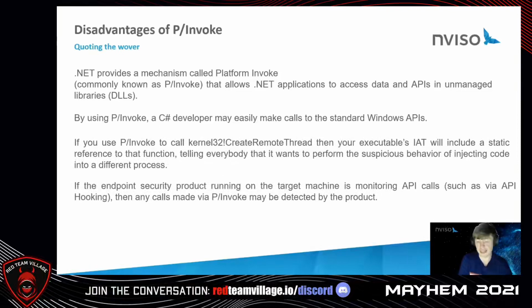calls from those DLLs. But by using P/Invoke, you actually have some disadvantages as well, because, for example, the import address table, excuse me, would actually have the reference to your imported addresses.